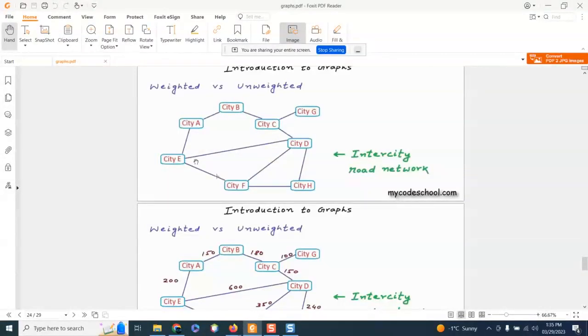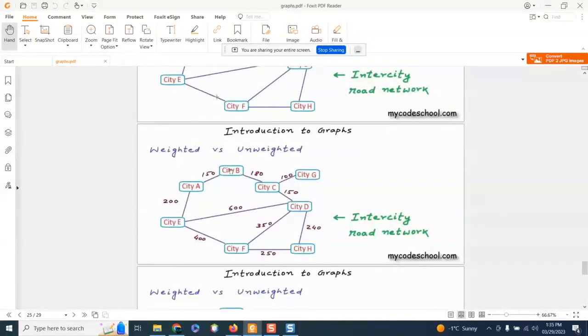It's an unweighted graph, an undirected graph connecting cities to each other. Now let's start putting some weights on those links. Let's say I'm considering these as kilometers. A and B are connected with each other at 150 kilometers apart. B is connected with C at 180, and so on and so forth. We have all those kilometers listed here.